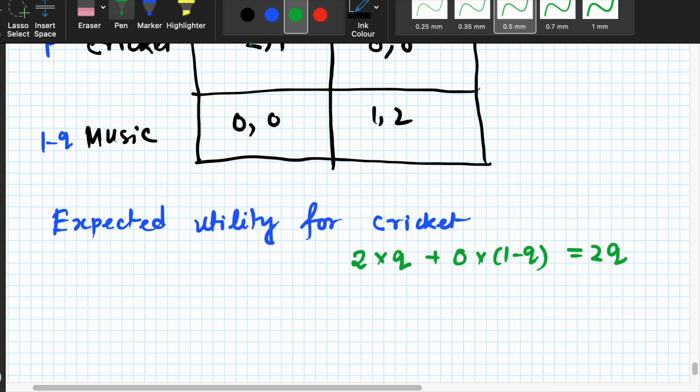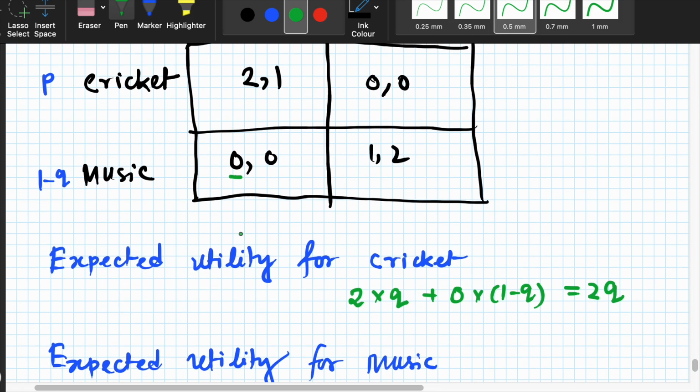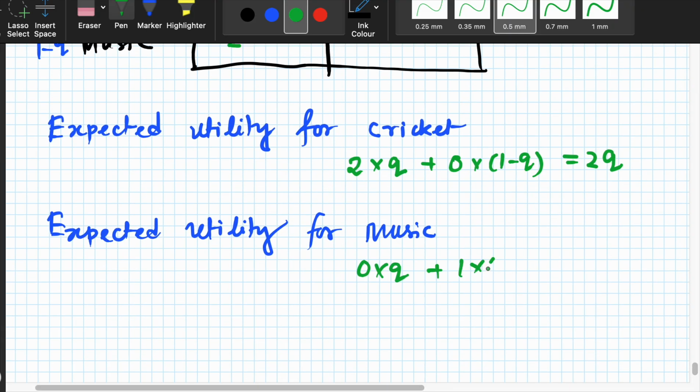What is the expected utility for the musical concert? That is 0 into q: with probability q it will get 0, and with probability 1 minus q it will get 1, so that is 1 minus q.